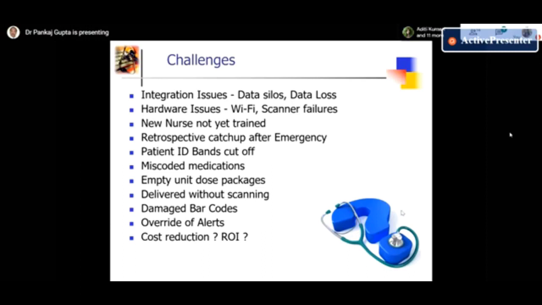My argument to all the CFOs has been that if you're going on the correct side of the road and you have avoided accidents, what is the value of the money that you have already saved by not causing those accidents? Imagine if you had caused those accidents, there would have been an expense. Now that expense didn't happen just because you're on the correct side of the road. Something that didn't happen, how do you put a value to that?